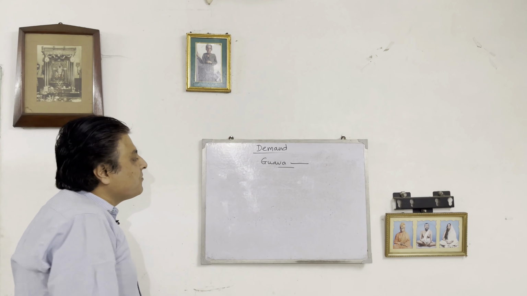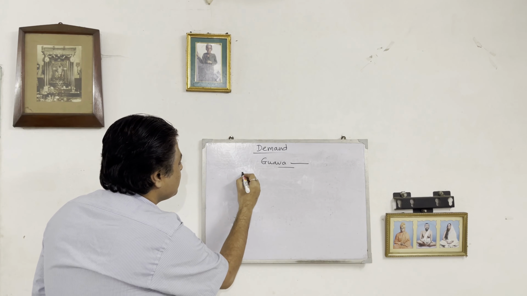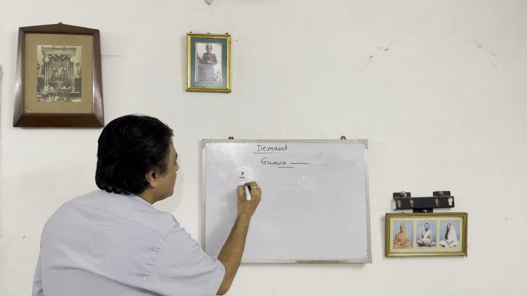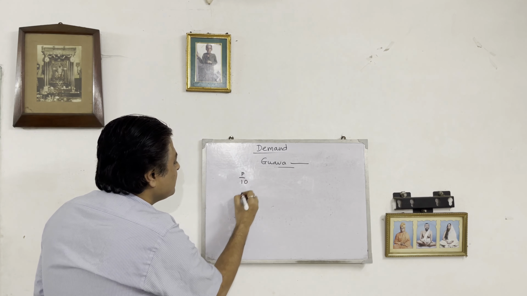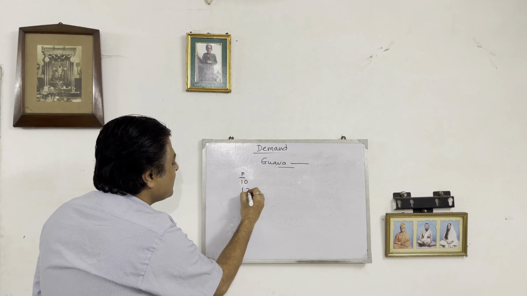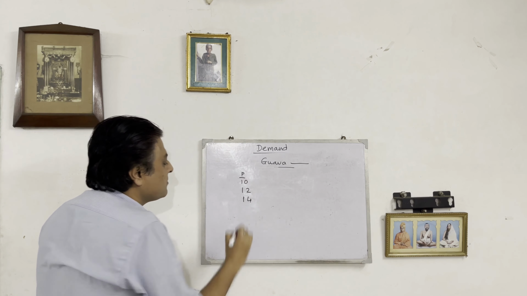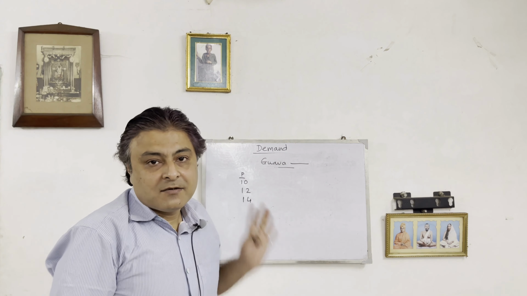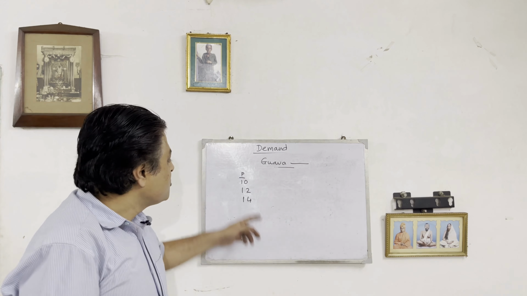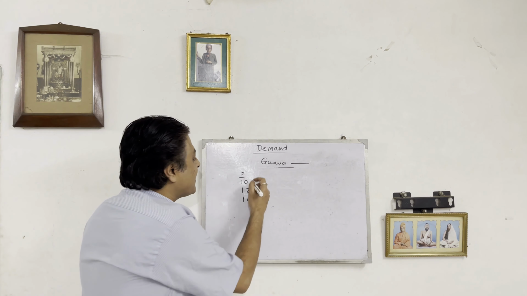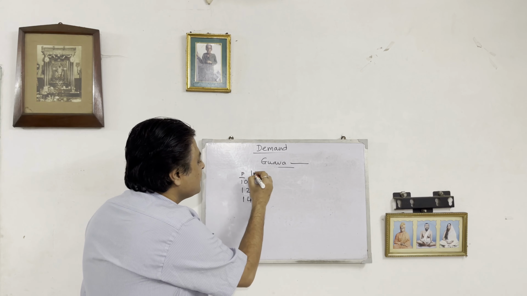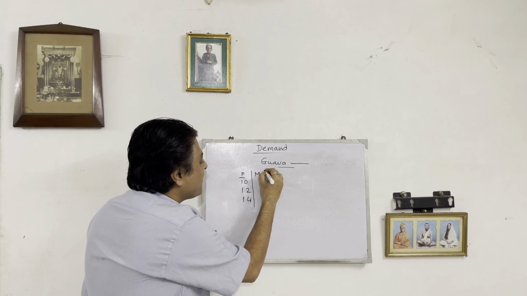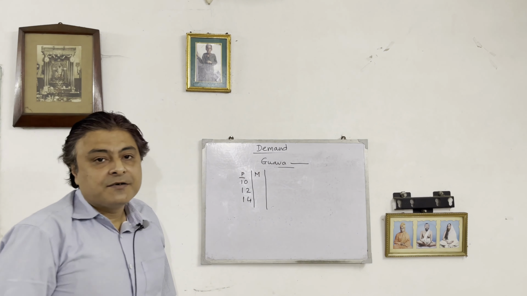The prices of guava were 10, as far as I remember, 12 and 14. Even if I don't remember, let's take these as the prices. So these are the prices for the guava in the market, and this is for Mithu. The quantity demanded.